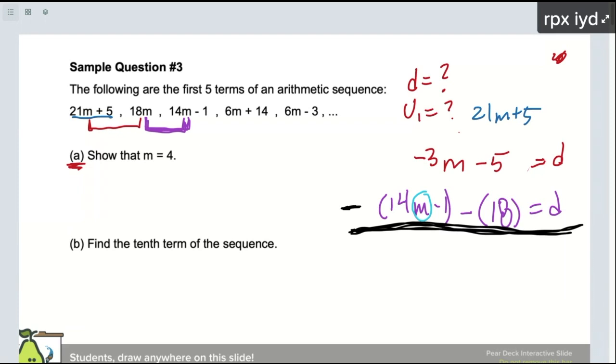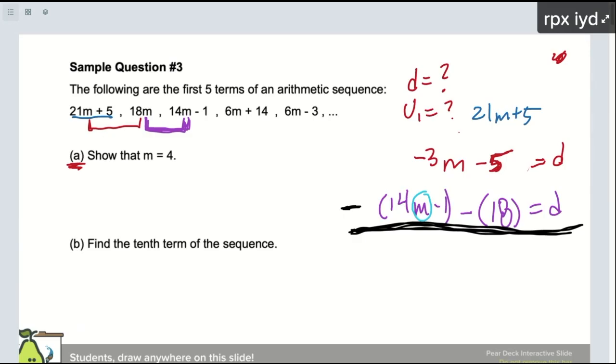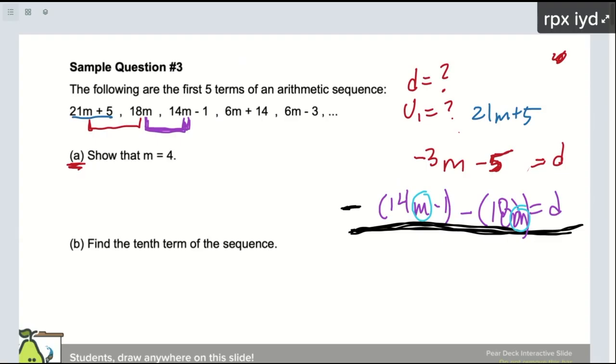All I did was combine like terms here. I'm going to do the same thing here. So 14m doesn't change, but I do have negative 1 minus 18m. Oh, actually, I forgot the m there. Sorry. This should be 18m. So these two combine: 14m minus 18m gives me negative 4m, so I'll have negative 4m minus 1.